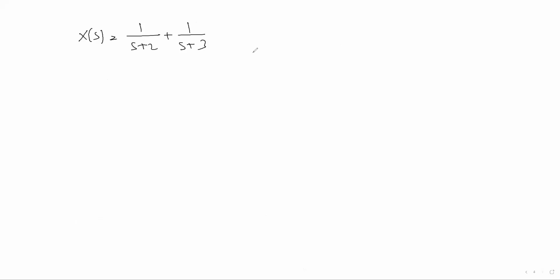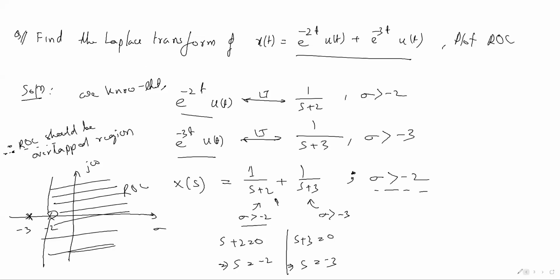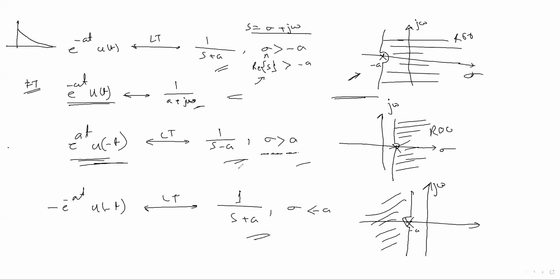S plane. Another thing you should know is the condition for ROC. For this signal the ROC is sigma greater than -2, and for the other the ROC is sigma greater than -3. How can we say this? By looking at the formulas. I have already given them, and solved this in the last class; you can see it in your copy.